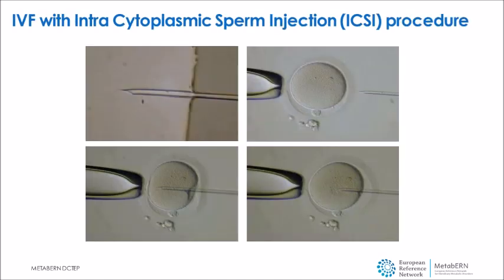Intracytoplasmic sperm injection, or ICSI, is a revolutionary assisted reproductive technique used in conjunction with in vitro fertilization to achieve fertilization. With this technique, a single sperm is injected directly into the cytoplasm of a mature oocyte.